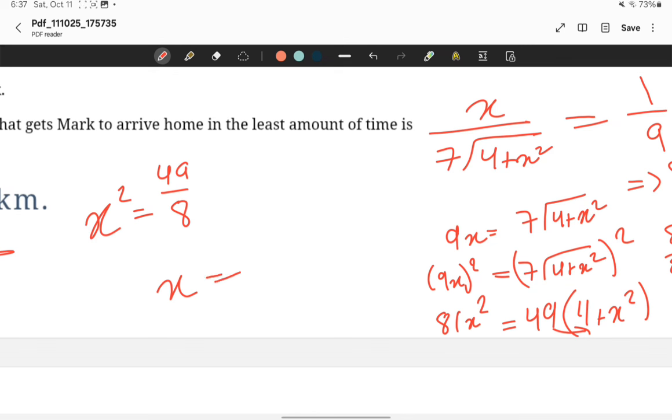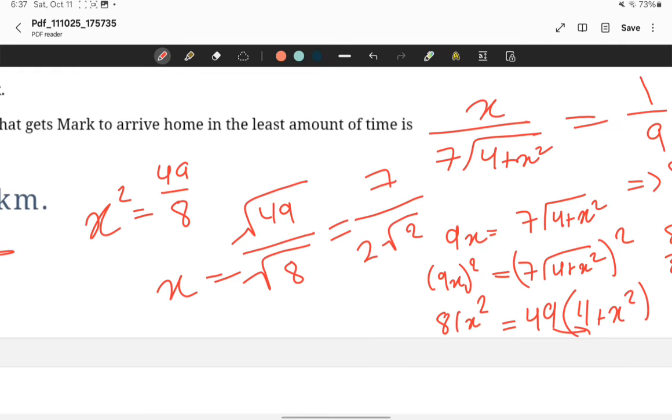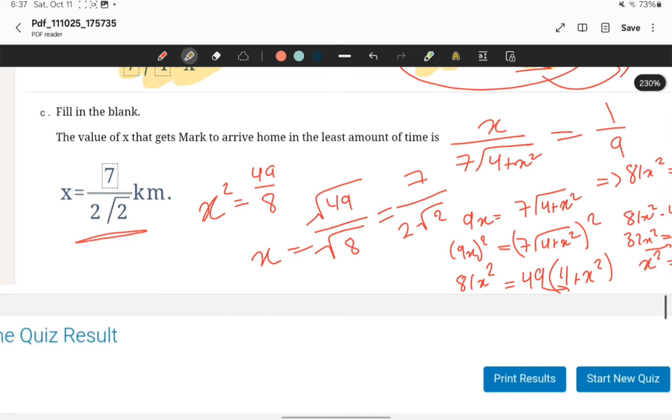So x equals radical 49 over radical 8. Radical 49 is 7, and radical 8 is 2 radical 2. You can put this on the calculator, you get 2 radical 2. And that's our answer. 7, 7.